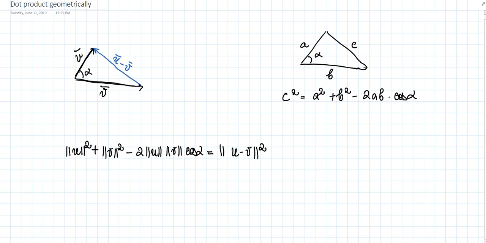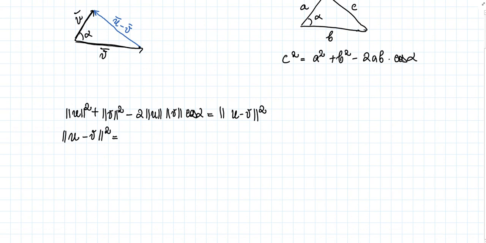So now, at the same point, we know that the norm of u minus v in the square, do you remember? It was the first property of the vectors. The norm of the vector in the square means the multiplication of the vector by itself using the dot product, right?